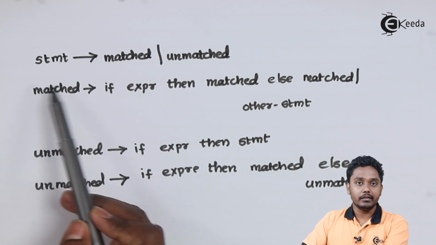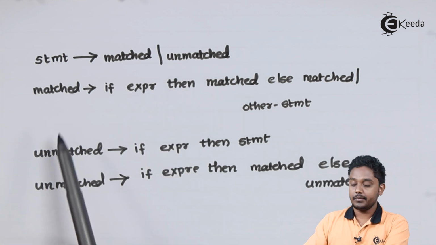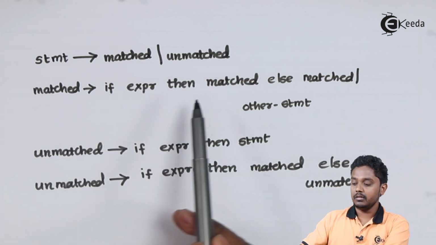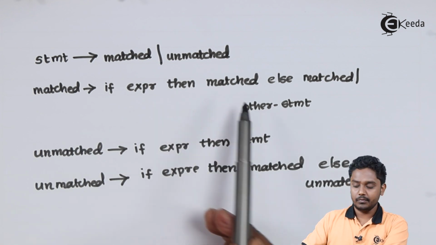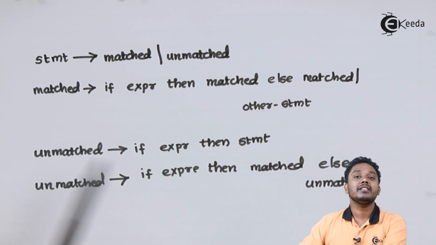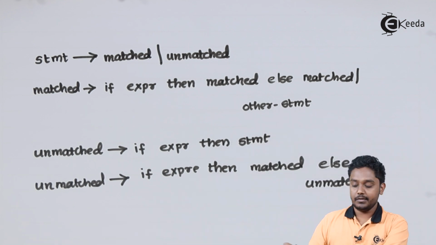A statement is either a matched statement or an unmatched statement. Matched could be if followed by an expression, followed by then, followed by a matched statement, else again a matched statement. That means a matched statement is always complete. If it is not an if statement, it is some other statement.